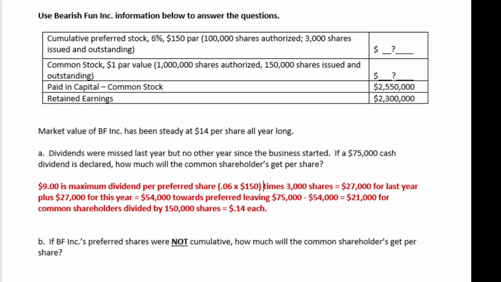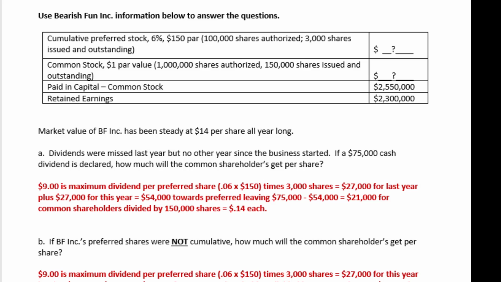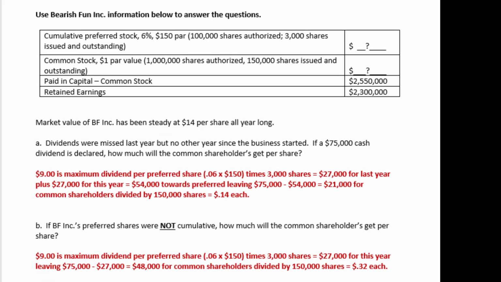Now, in B, they say, how would that same thing go if it wasn't a cumulative stock? So then the missed year would just be ignored. So let's look at what that math might look like. All right, so still a $9 maximum dividend per share, which was the 6% times par, times the 3,000 shares that are outstanding.